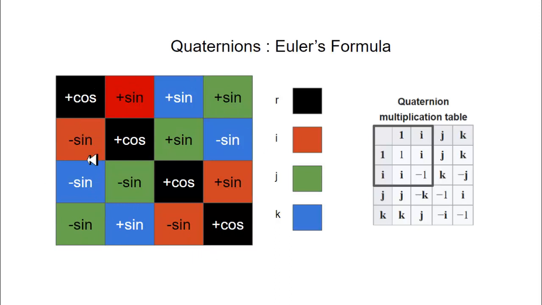On the different locations, in I, the red, you've got plus and minus, plus and minus. In the J part of the matrix, the green, you have plus sign, minus sign, minus sign. And in the K region of the matrix, you have plus sign, minus sign, plus sign.